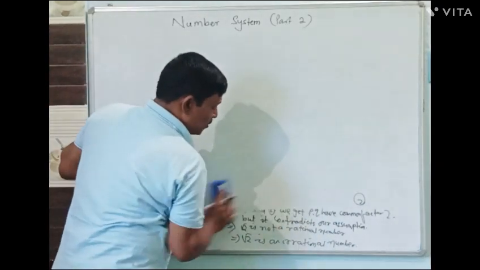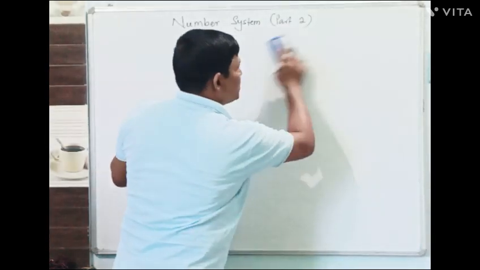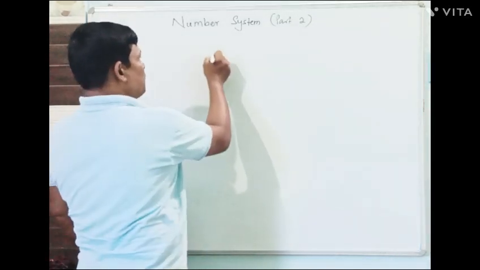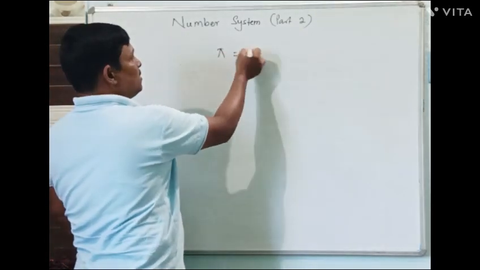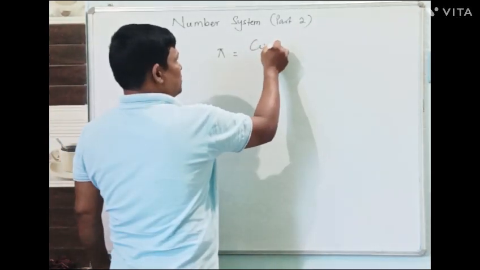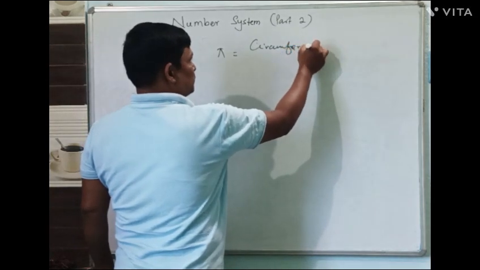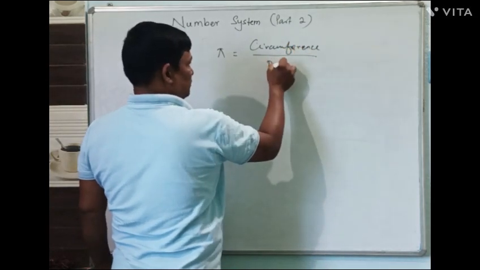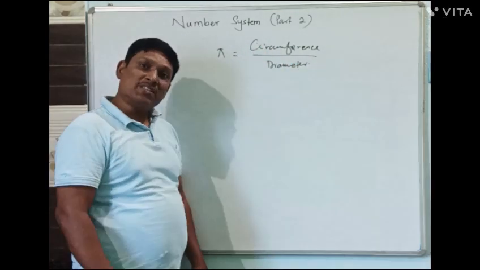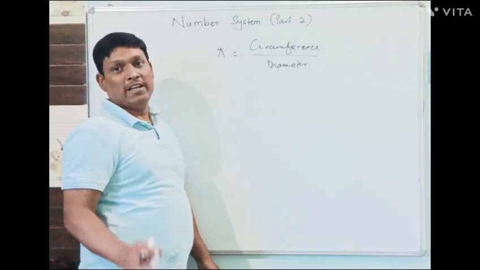Similarly, we can prove that root 5 is an irrational number, and root 2 plus root 3 is an irrational number. Similarly also pi. Pi is the circumference of a circle by its diameter. So how is pi an irrational number?